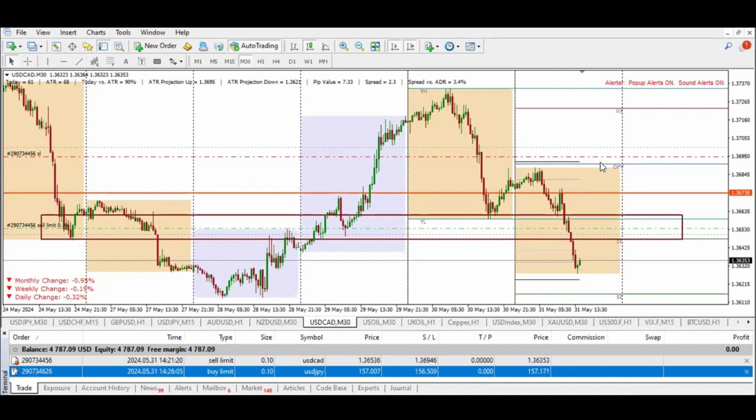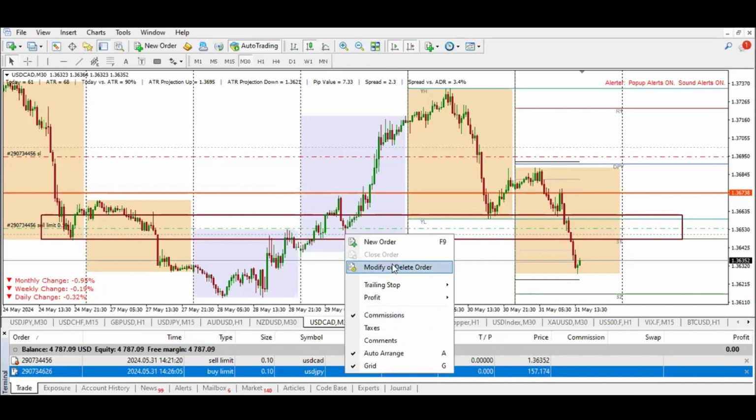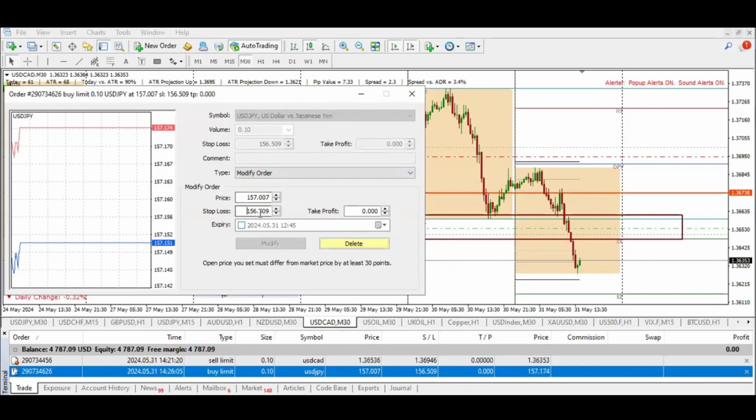And the third thing I always do is I try to always trail price with a moving stop loss. Maybe automatically, like we have just shown ourselves, or manually, which I mean literally just going back to modify and adjust it. The way we modified it before, we can go back to modify and adjust it.